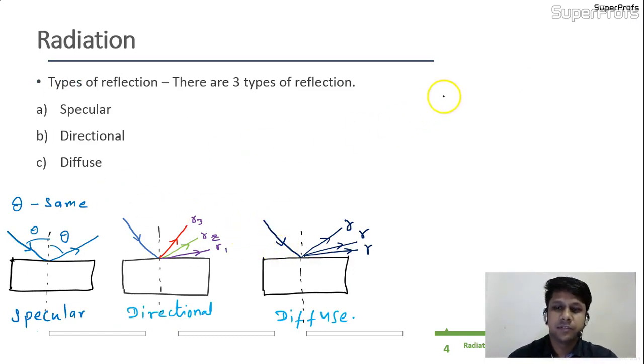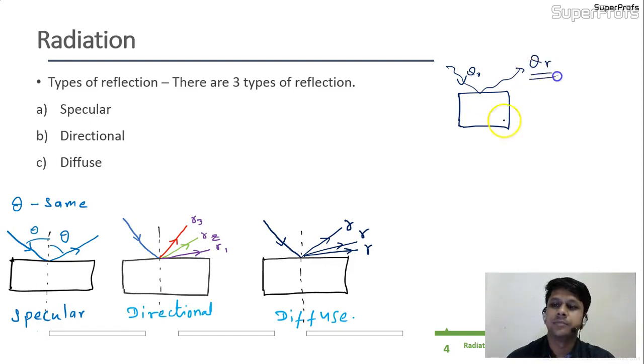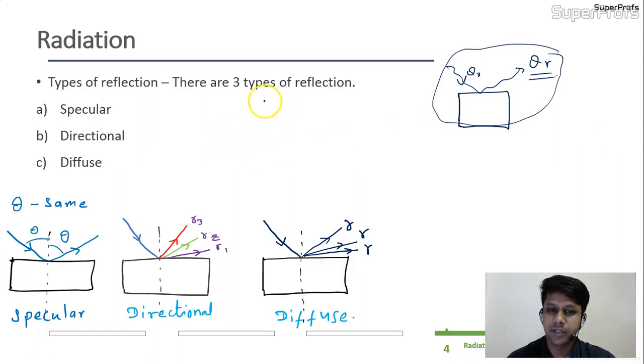The reflection that we talked about in previous slides: if some heat Q0 is incident, then QR heat is reflected. This reflection is also of three different types. What are those? First one is specular, second one is directional, and third one is diffuse. So what happens?